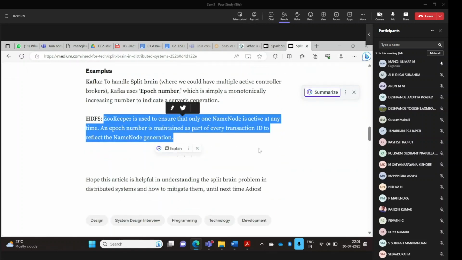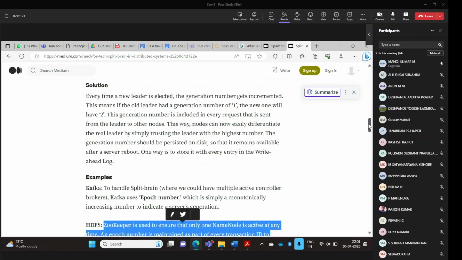One is, as Rakesh mentioned, Zookeeper to ensure that only one name node is active at any time. An epoch number is maintained as part of every transaction ID to reflect the name node generation. One generic solution they have given is to have this epoch number. Whenever a leader is selected, generate a number incrementally. If the old leader has a generation number of 1, the new one will have 2.